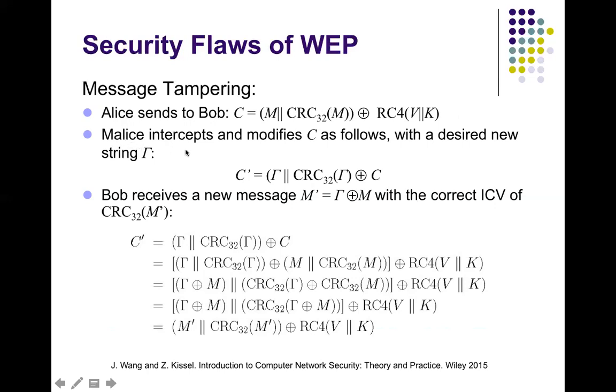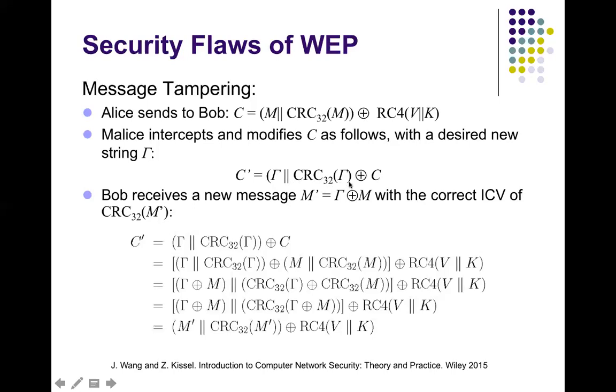Say the attacker Malice intercepts C and modifies C as follows, with a desired new string gamma. This gamma is the content of a new packet. So this is what C prime looks like. Because she knows gamma, she can compute CRC32 of gamma, since it doesn't need any secret key.